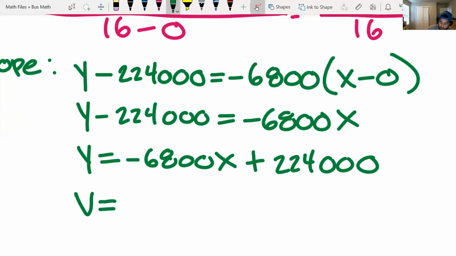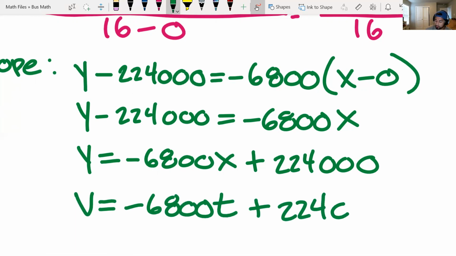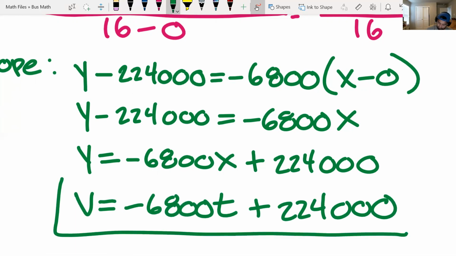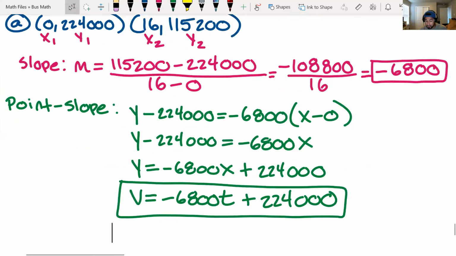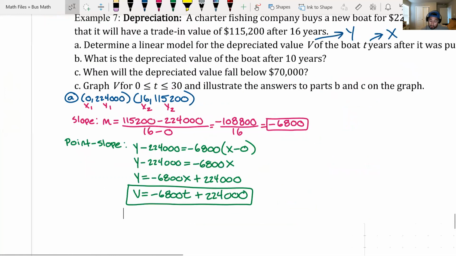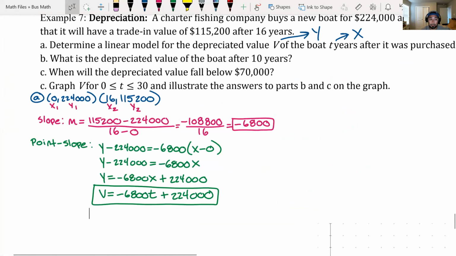V equals negative 6,800 T plus 224,000. There you go. There is our linear equation that will represent the depreciation of this boat.